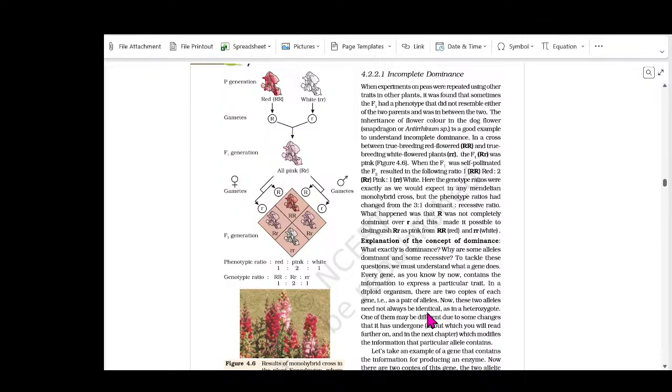Now, these two alleles need not always be identical, as in a heterozygote. One of them may be different due to some change that it has undergone, about which you will read further on and in the next chapter, which modifies the information that particular allele contains.